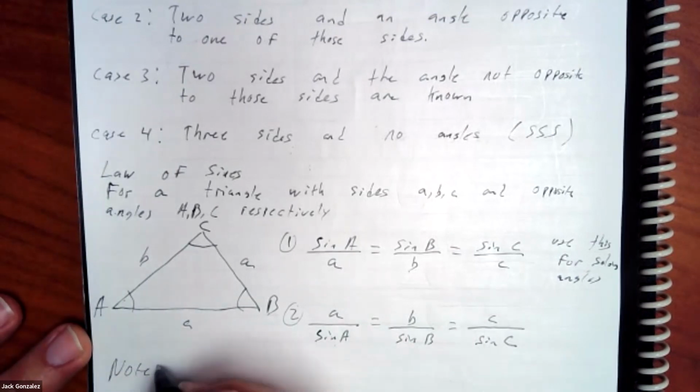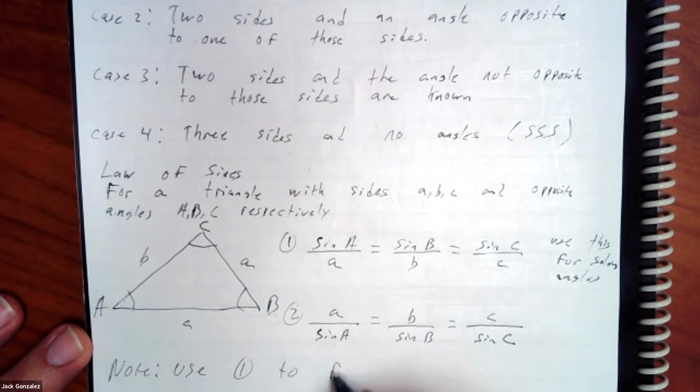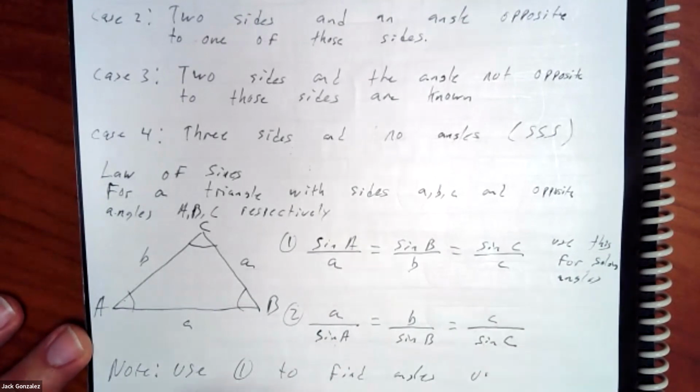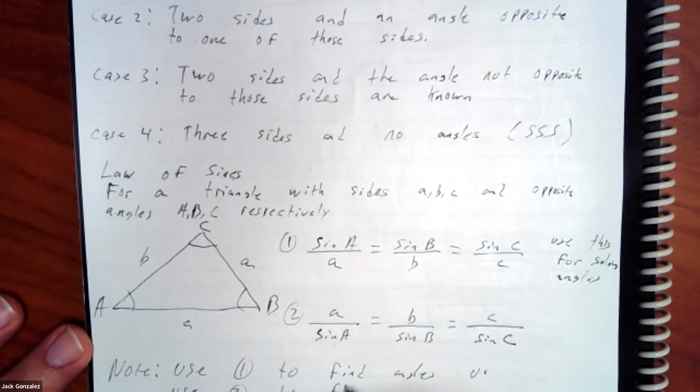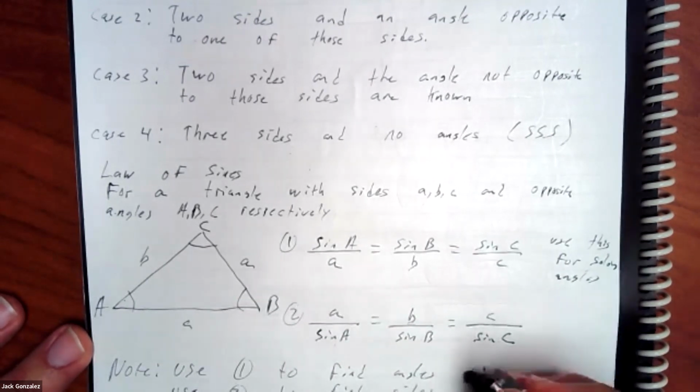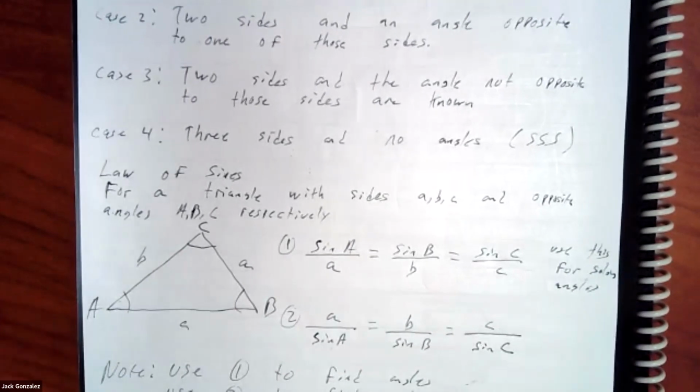Note: use 1 to find angles. Use 2 to find sides. That will save you a little bit of algebra work. You don't have to.